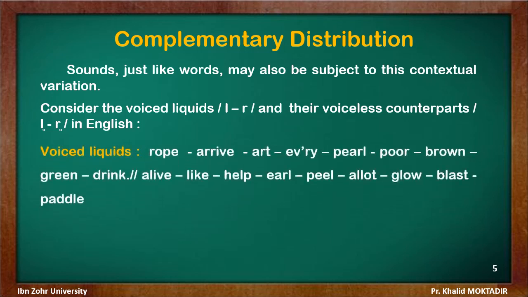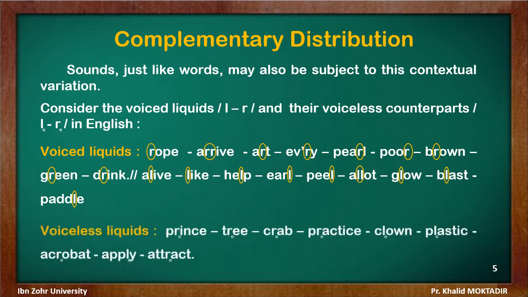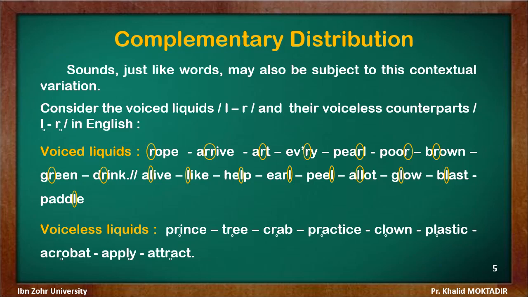The voiced liquids include a variety of contexts here where we can say examples like rope in word initial position, arrive in intervocalic position, art between a vowel and a consonant, every between a consonant and a vowel, and so on. While the voiceless liquids have an exclusively unique context, they occur only after voiceless stops.